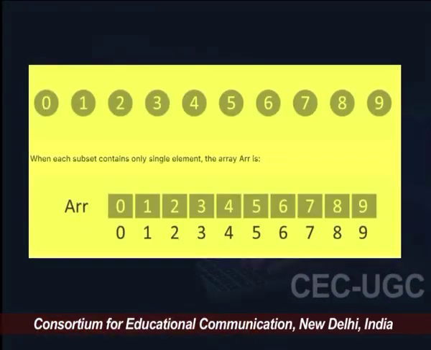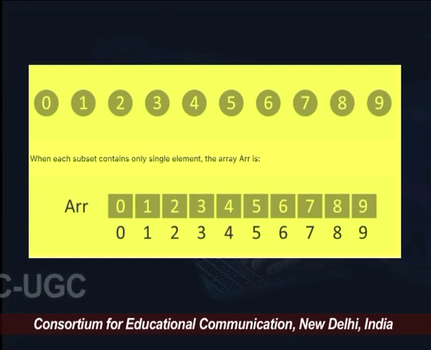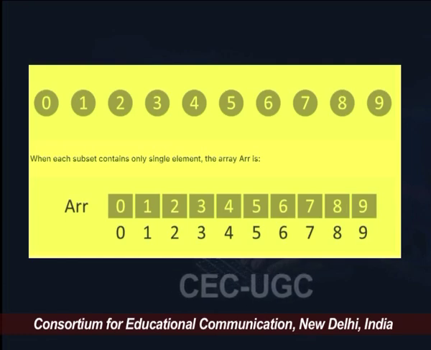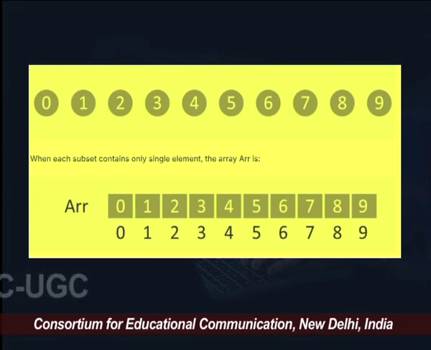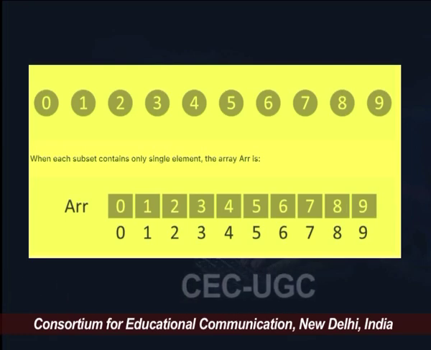As you can see in this figure, each subset contains only one element. Here we have the index and the element, and presently they are the same. So ARR 0 is 0, ARR 1 is 1, and whatever the index is, that is the value of the element.